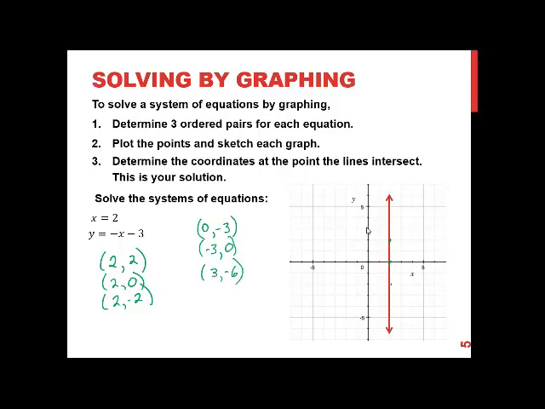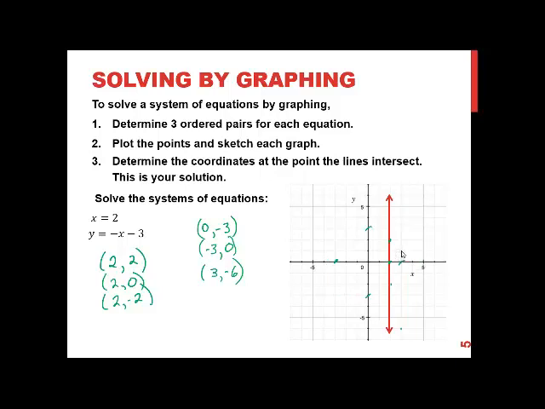And when I plot these 3 points, 0, negative 3 is here. Negative 3, 0 is there. 3, negative 6 is there.